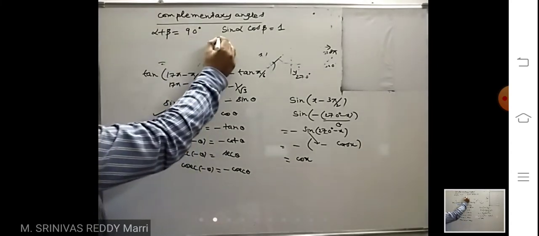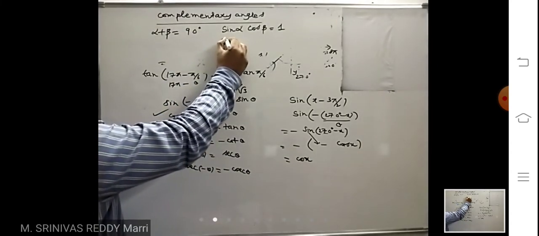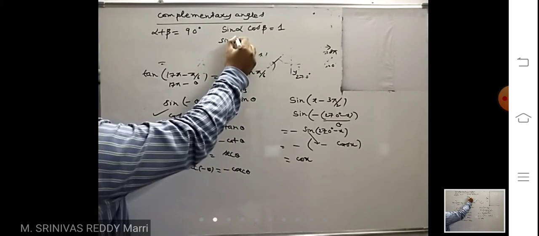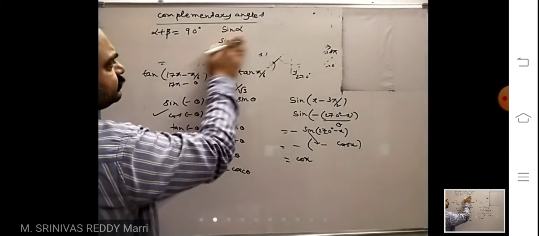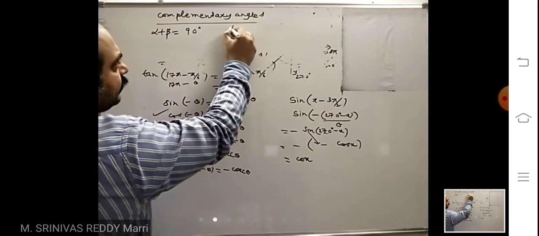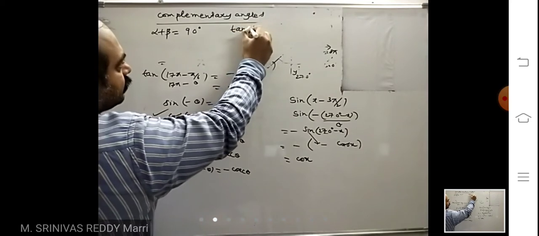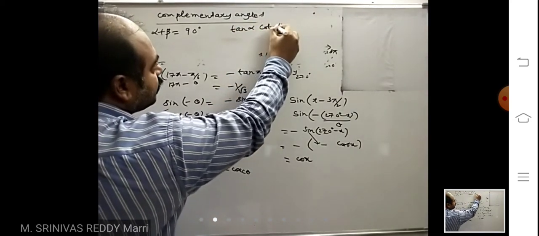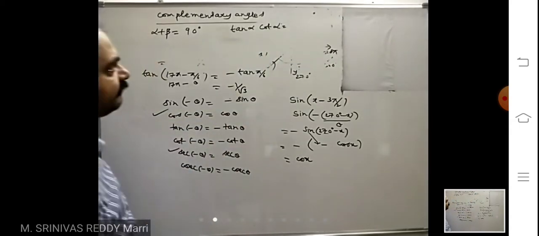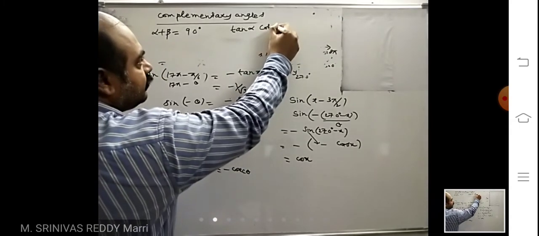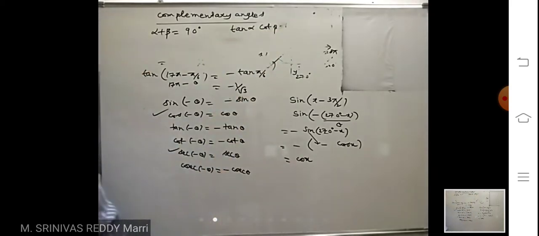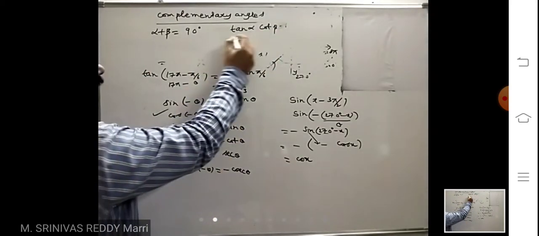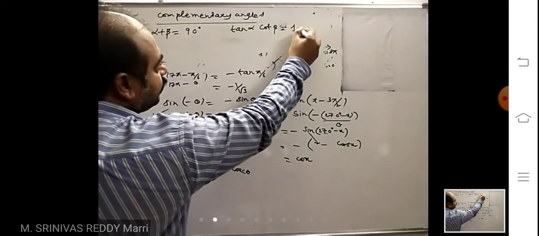Look at. So sine alpha, no. Tan alpha into cot beta. This product is there and alpha plus beta equal 90 degree. Then this will be what? 1.